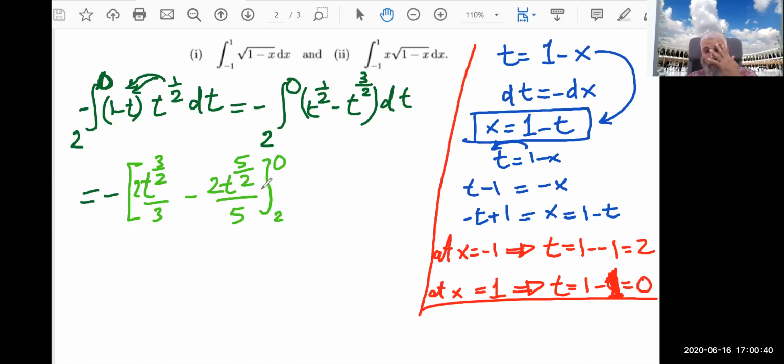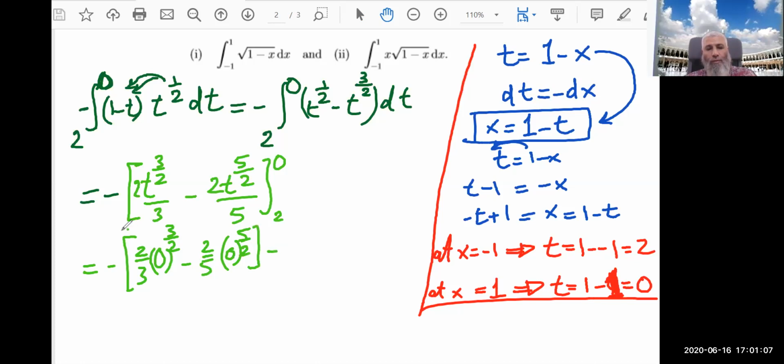And here we need to put the limits. For the lower limit, this is 0 power 3/2 minus 2 over 5 times 0 power 5/2.